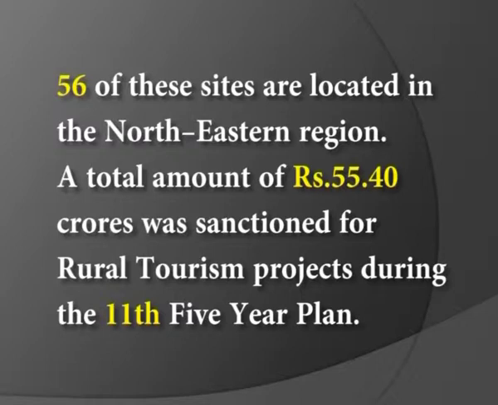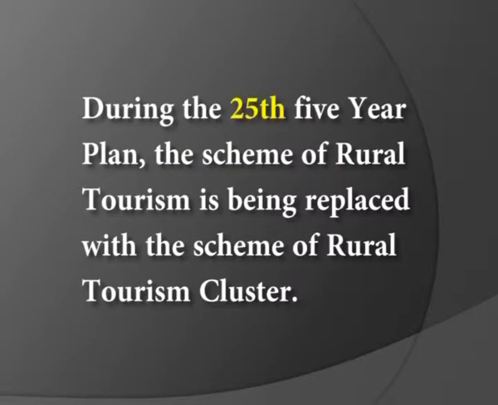A total amount of rupees 55.40 crores was sanctioned for rural tourism projects during the 11th 5-year plan. During the 12th 5-year plan, the scheme of rural tourism is being replaced with the scheme of rural tourism cluster. The modified scheme aims at developing a cluster of villages as a tourism product.